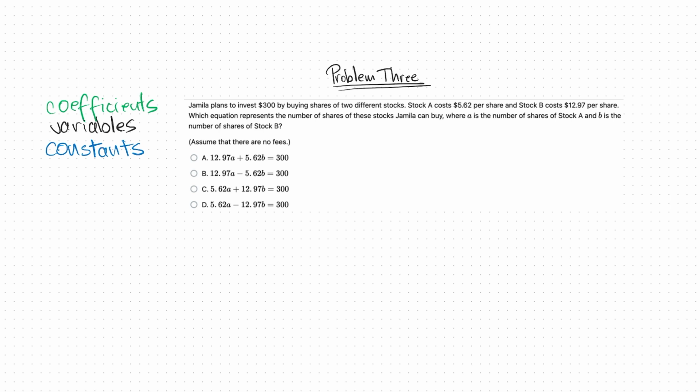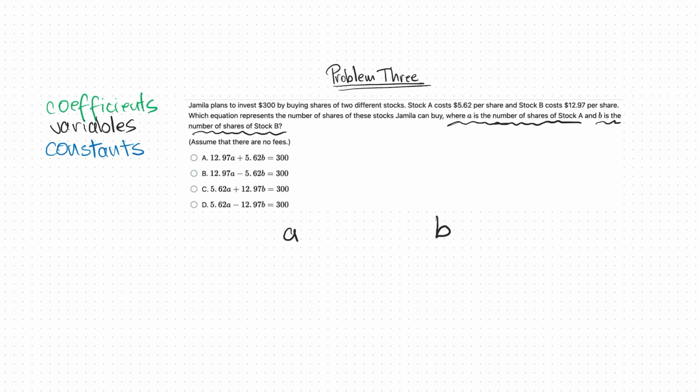So one of the first steps that we're going to take is identifying the coefficients, variables, and constants. If we take a look at the last sentence, we see that we are given that A is the number of shares of stock A, and B is the number of shares of stock B. So this tells us that A and B are our two variables.